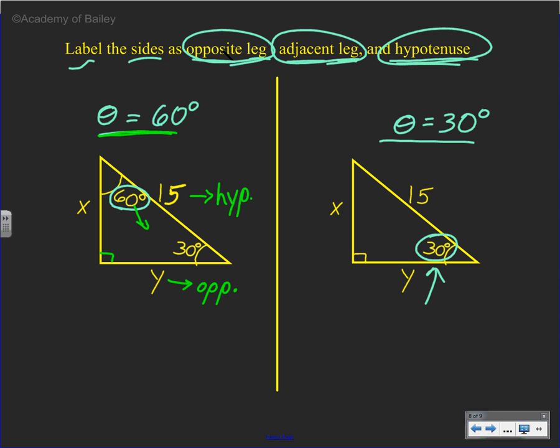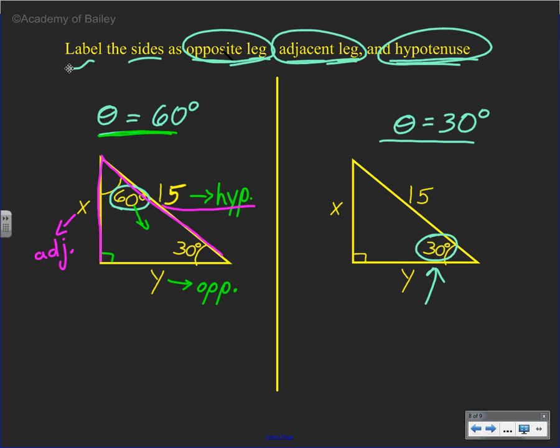If we look, I'm going to highlight the sides adjacent to the angle, 60 degrees, and I have those both in purple. And if you notice, the right side is the hypotenuse, and the one on the left is the adjacent side. The x value is the adjacent side.